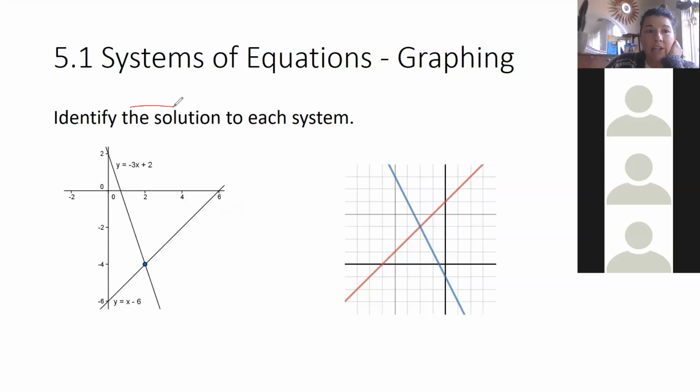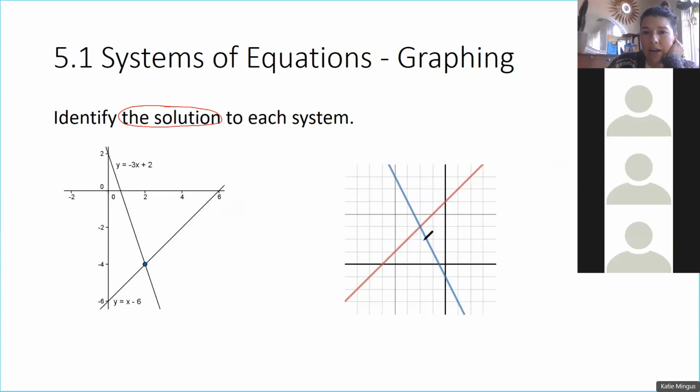Okay, let's identify the solution to each system. Notice, singular. On the left here, where do the lines intersect? And then go ahead and do it on the right. One of you can take the left, one of you can do the right. Your solution needs to be written as a coordinate pair if you have a solution. I'm going to fix the graphs while we're at it.